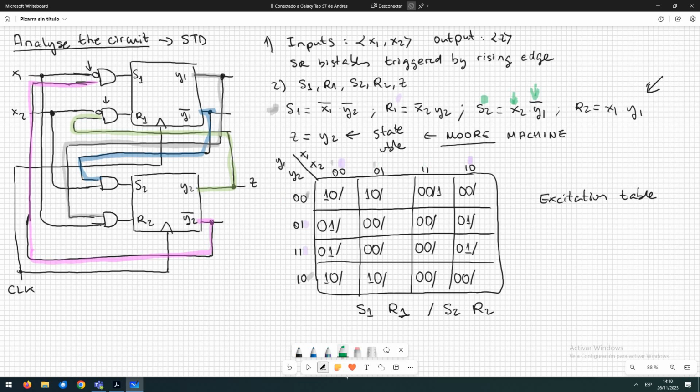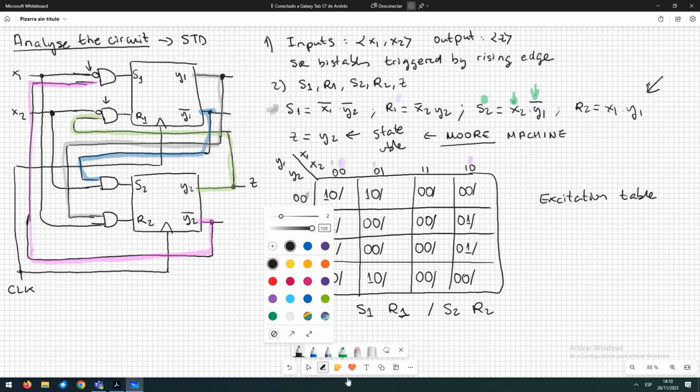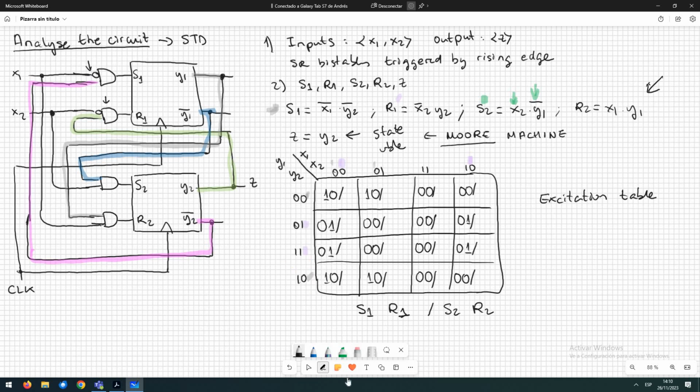So I'm going to start again because I think that I was making a mistake. As I told you, sometimes I'm doing the exercise in the tablet, so I have very little space and sometimes it's confusing for me to see the values. So sorry for that. I'm going to start again with S2.